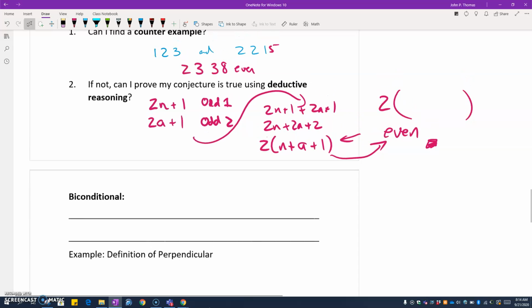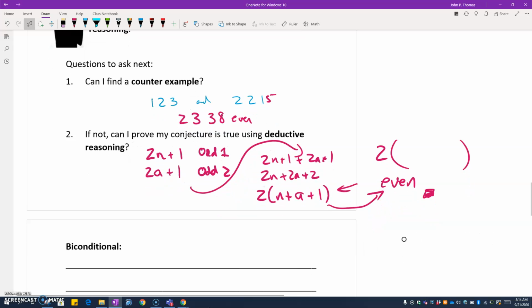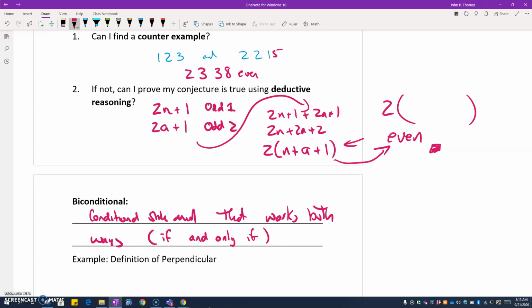All right. Now, when we prove something's true, the next thing we typically do is we look and say, well, does it work the other way? All right. So biconditional is a conditional statement that works both ways. So if and only if is an example.